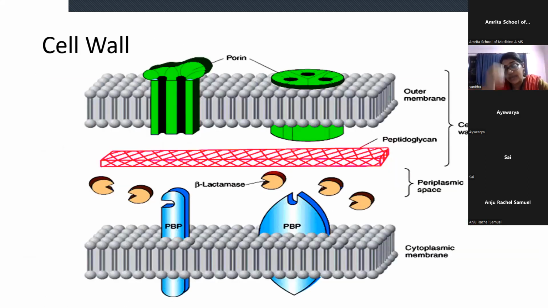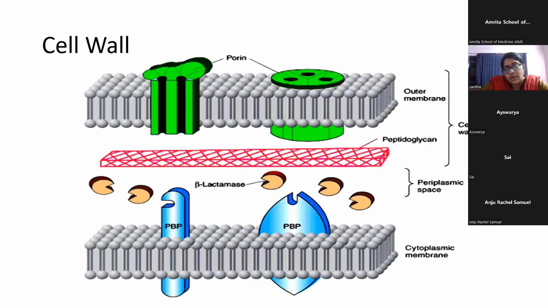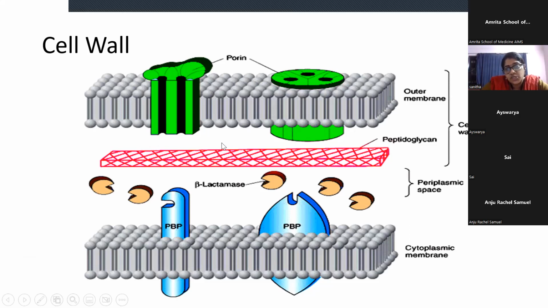If I simply say what the cell wall of gram-negative bacteria is like, I would compare it with a castle. Outside there is a ditch, that is the periplasmic space, and there are crocodiles there.